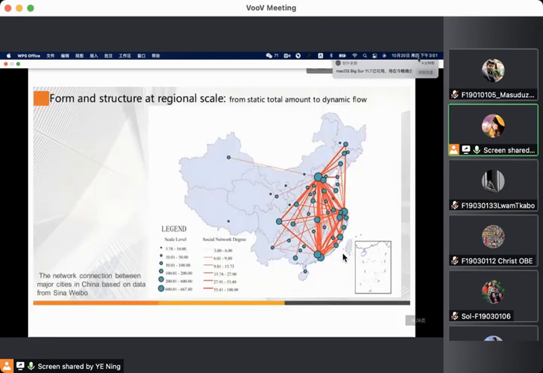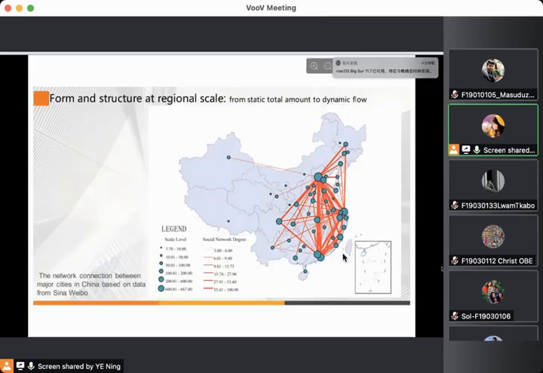Okay, let's see. This is good. It's the form and structure of regions at regional scales. Look at this map.